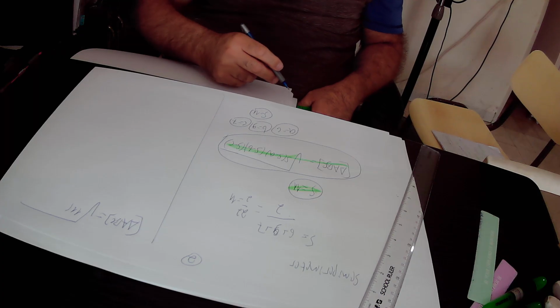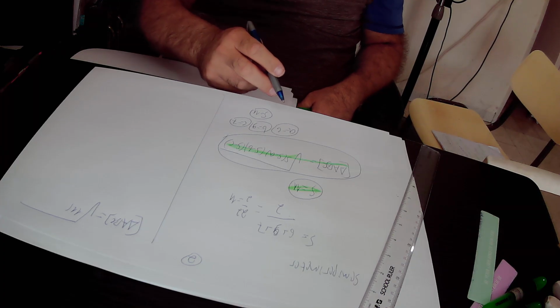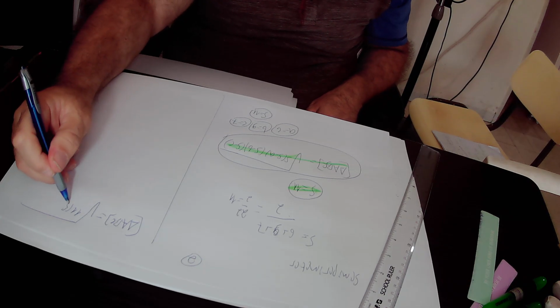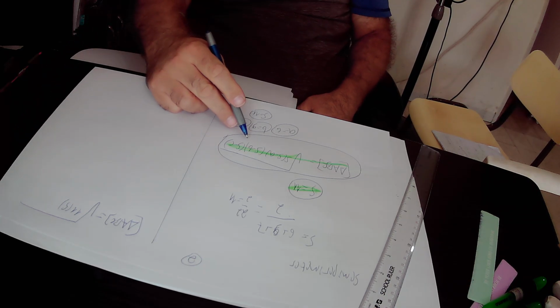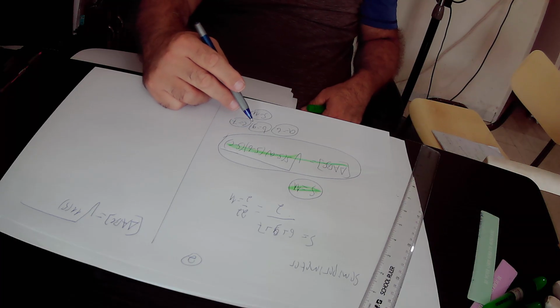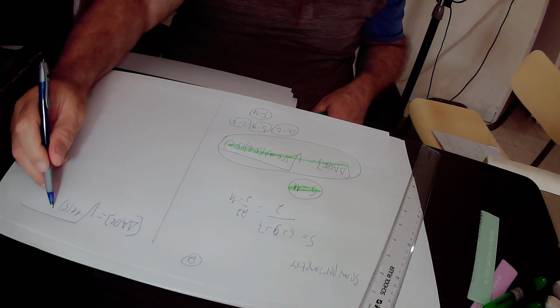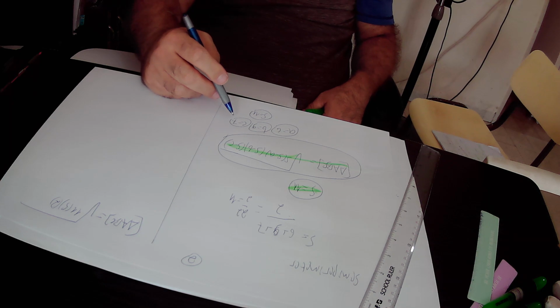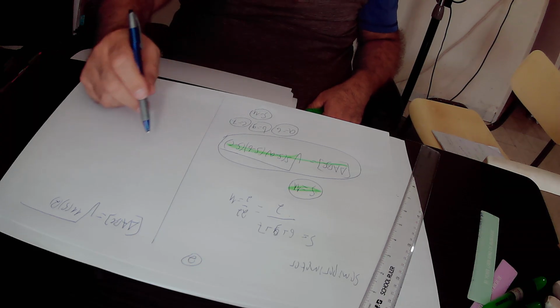S is 11, a is 6, so 11 minus 6 is 5, times S minus b. S is 11, b is 9, so 11 minus 9 is 2, times S minus c. S is 11, c is 7, so 11 minus 7 is 4.